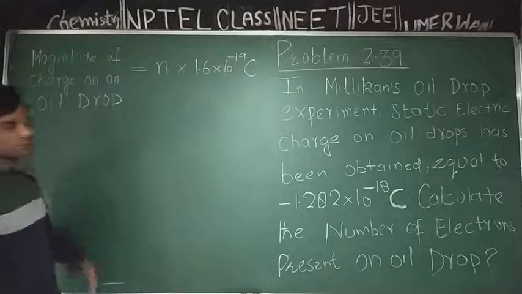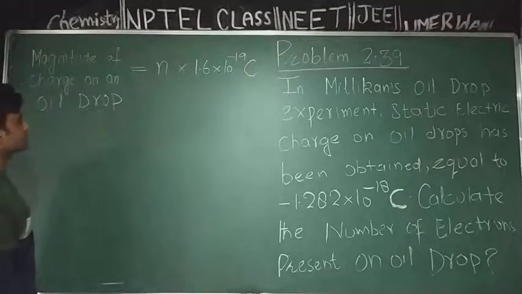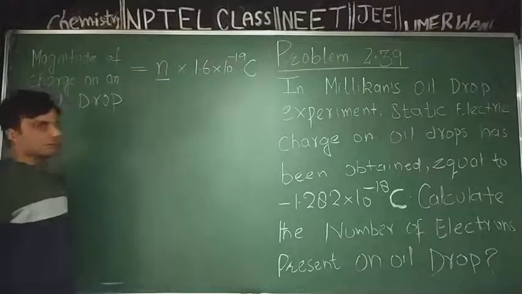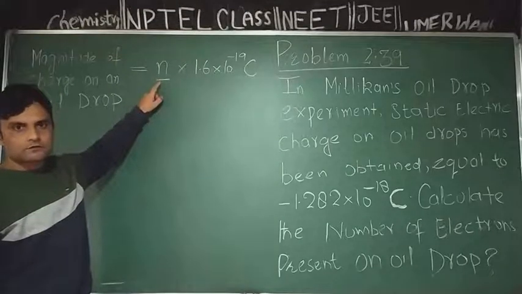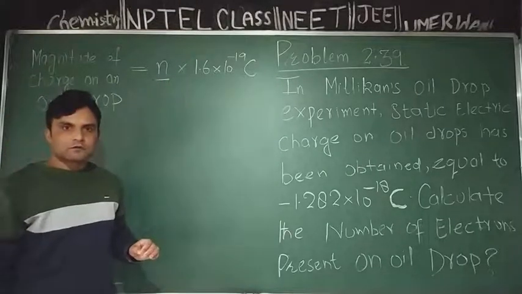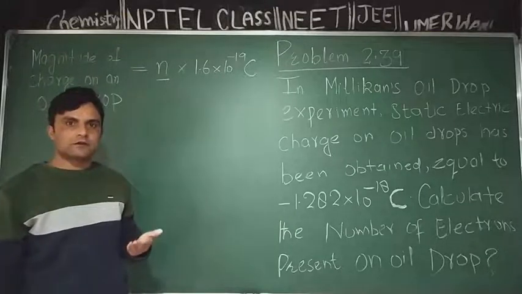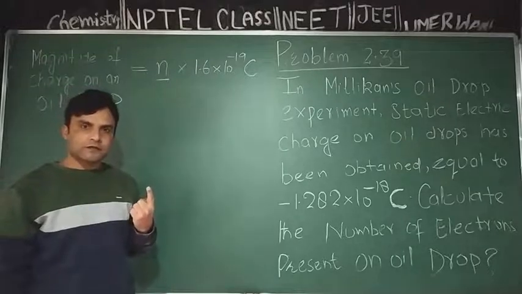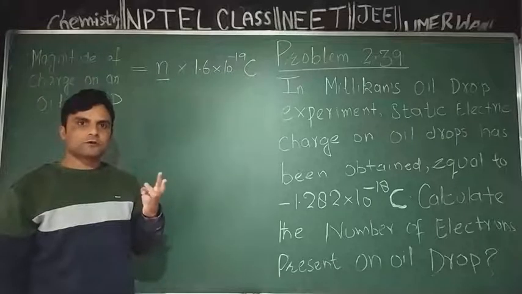Now, how could he determine the magnitude of charge carried by one electron? Let us focus our attention on the experiment. How many electrons can reside on an oil drop? The minimum number of electrons that can reside on an oil drop is 1, followed by 2, followed by 3.